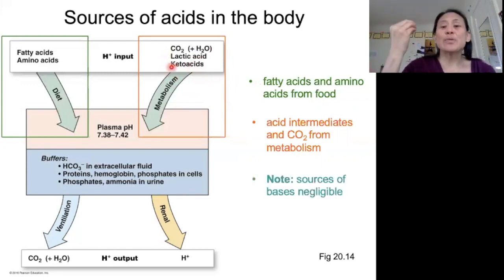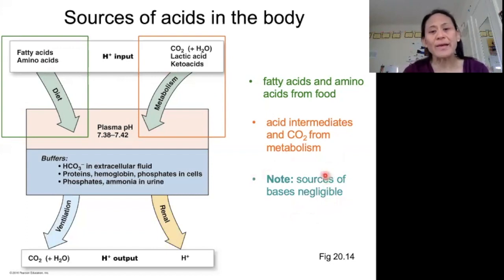In terms of base input to our body, like I've already mentioned, we don't really have much in the way of bases entering our bodies. So really, our bodies are going to naturally over time tend to acidify, and this is what we want to work on counteracting in order to maintain our pH balance.